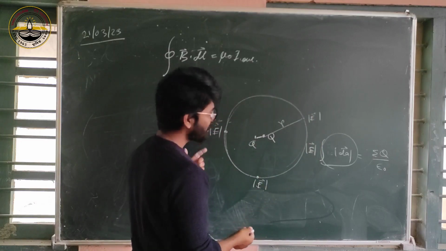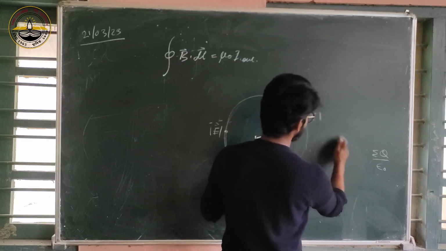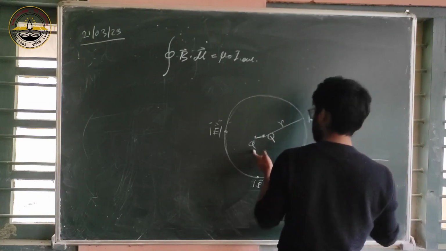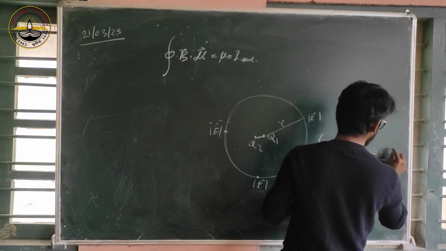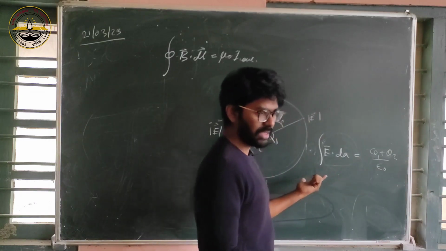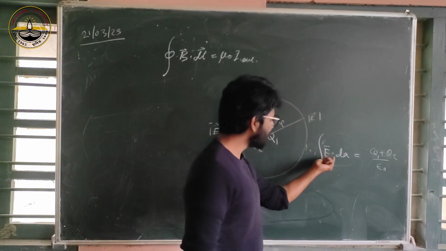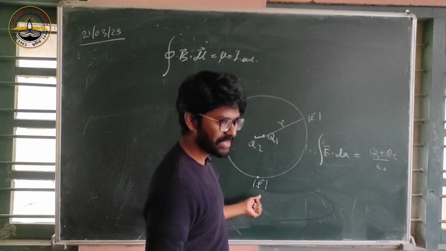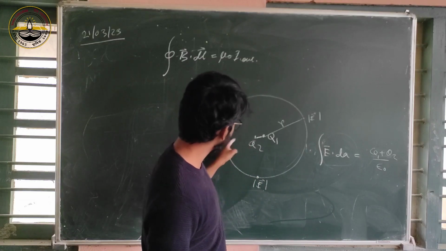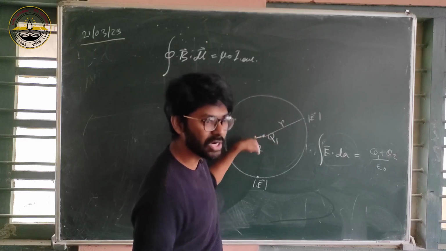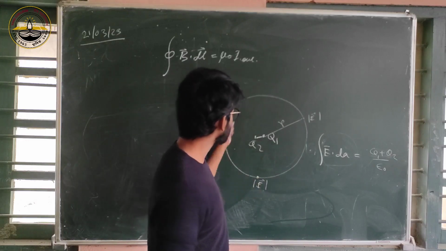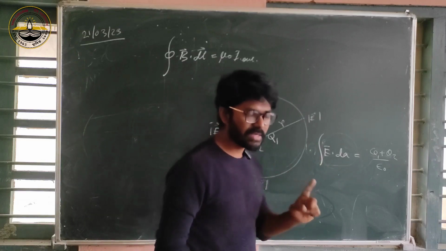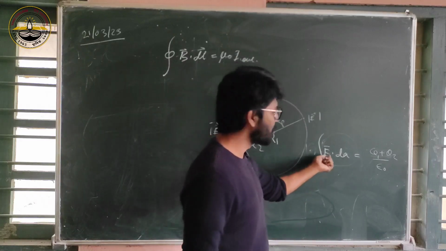You can still draw a sphere and write the integral of E dot dA equal to Q1 plus Q2 by epsilon naught. That's still valid, but you cannot pull E outside now, because the value of E is not the same everywhere on the surface, since the distance from the two charges is different at different points. Therefore E is not constant and you cannot pull it outside the integral, so it's not useful anymore. Only in a very symmetric situation can you pull this out.